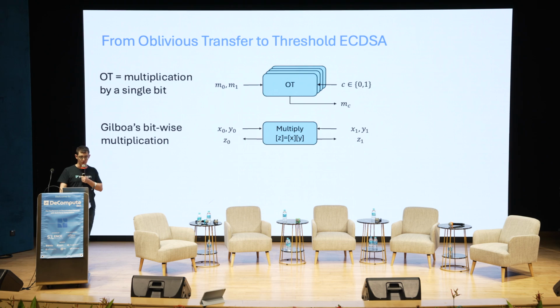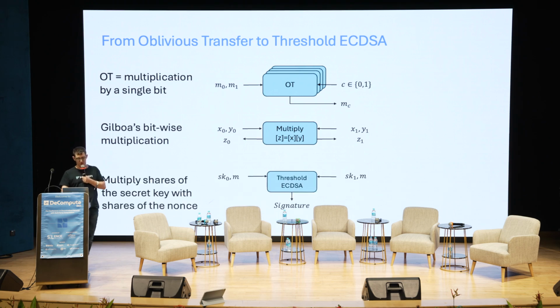So if you know how to do OT, you know how to do multiplication. And if you know how to do multiplication, then you can do threshold ECDSA, because the core part of threshold ECDSA is multiplying shares of the secret key with shares of the nonce generated as part of the signing. That's the general blueprint.